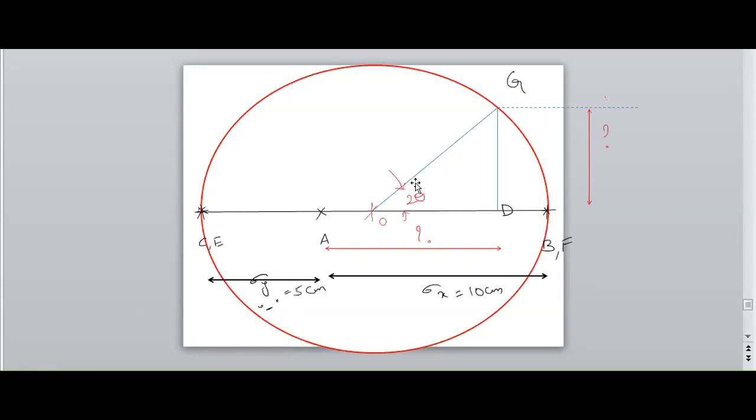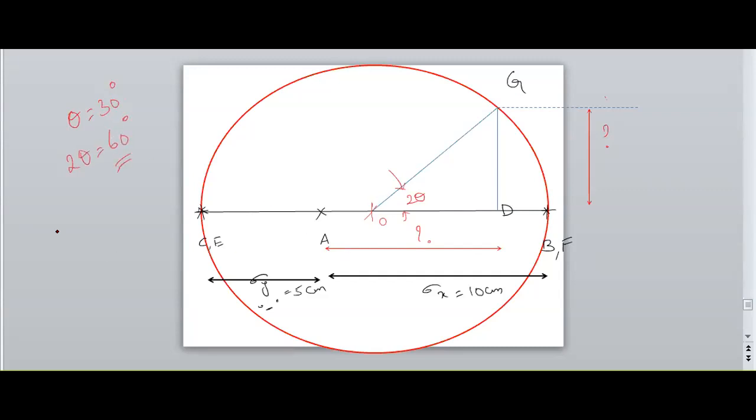I need an angle that is 2 theta. In the problem, I had given the inclined plane angle theta as 30 degrees. Therefore, 2 theta is 60 degrees.